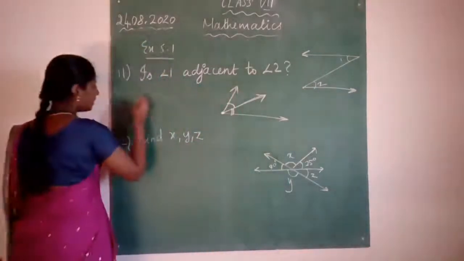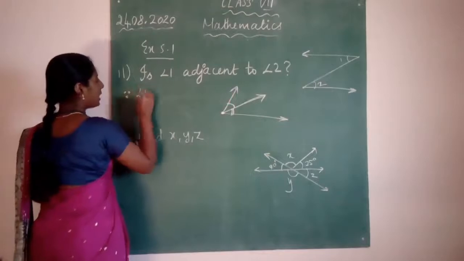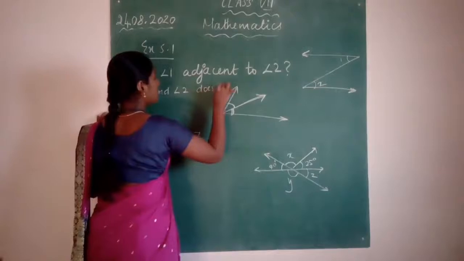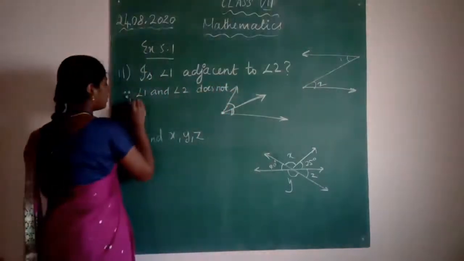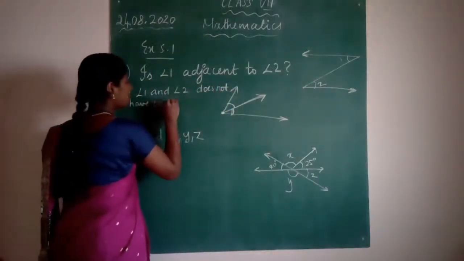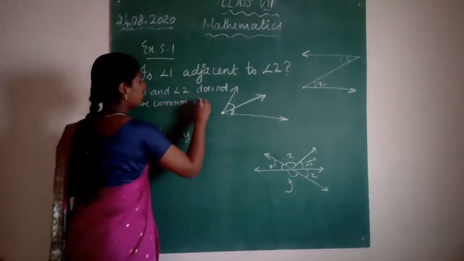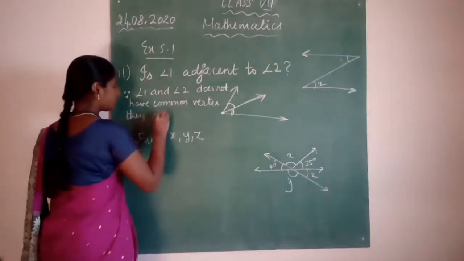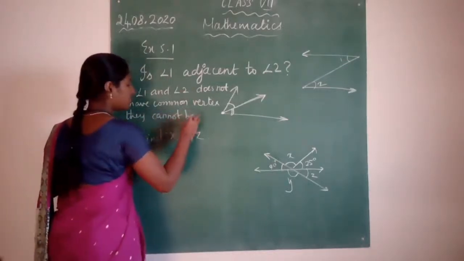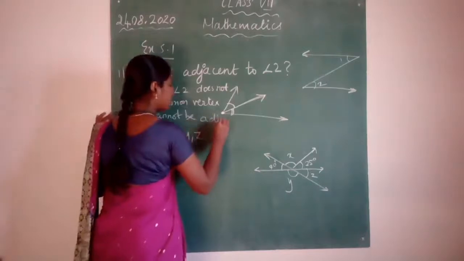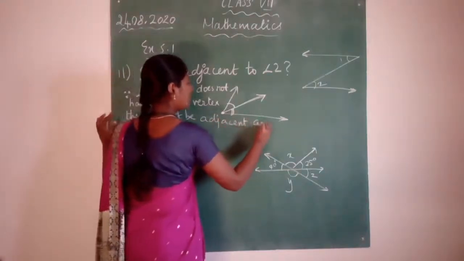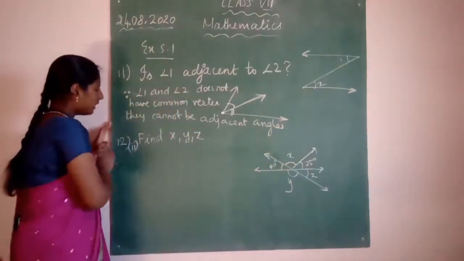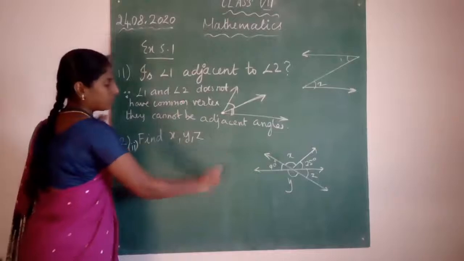So write: since angle 1 and angle 2 do not have a common vertex, they cannot be adjacent angles, okay, fine.